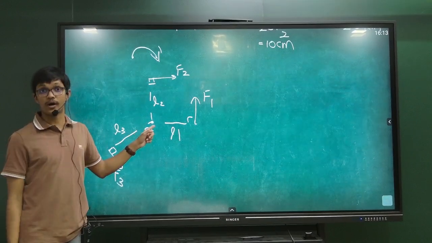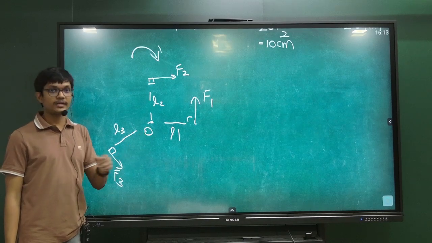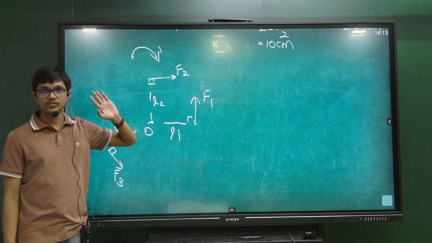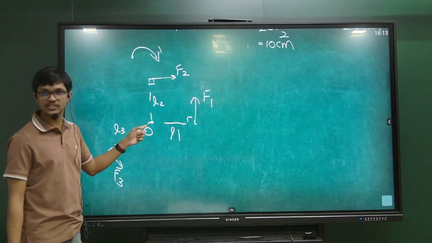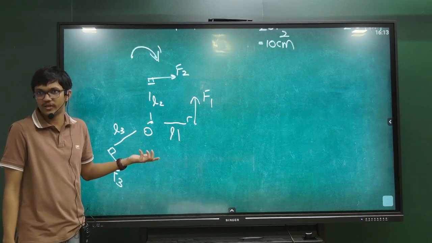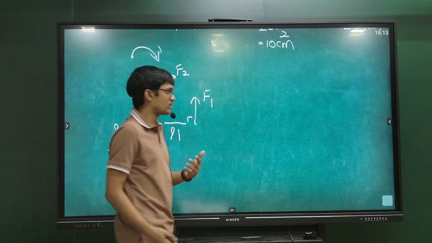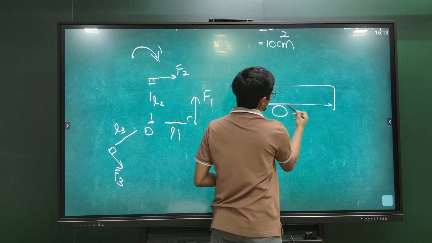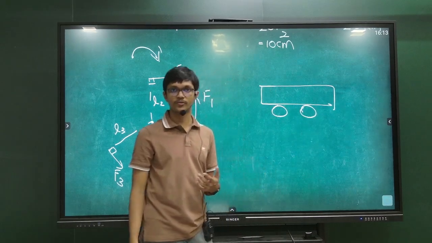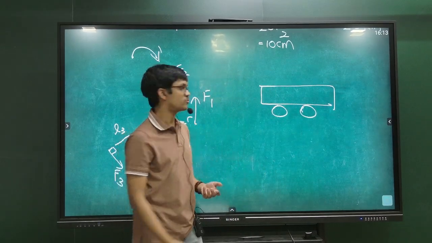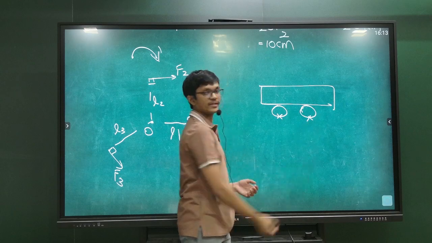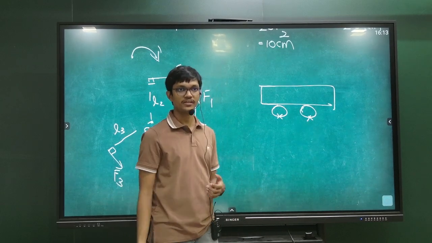Why? In these questions we are only talking about moment, so in such cases it doesn't matter what the point is. But when we start working on proper questions, sometimes you have to take the moment around this point, sometimes around this point, in a vehicle.